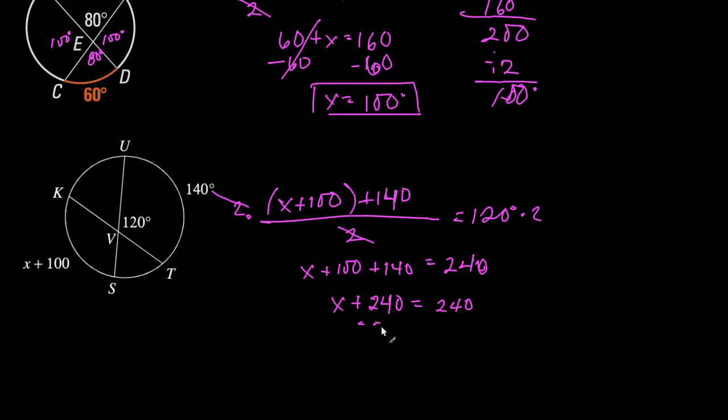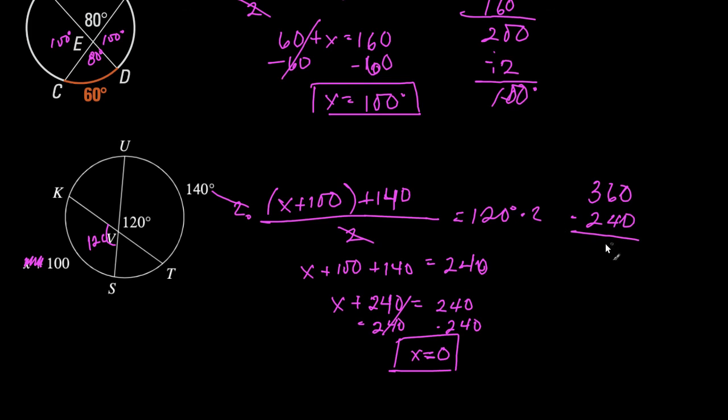So we subtract 240, which seems a little odd because we get 0. But if this is 0, then 100 plus 140 is 240, and 240 divided by 2 is 120. Remember, that means this is 120. We take 360 and take away 240.